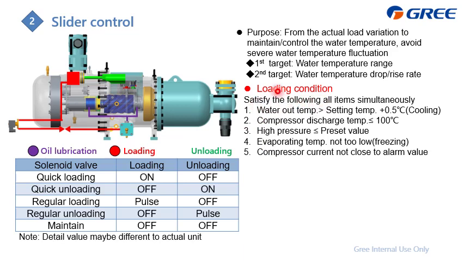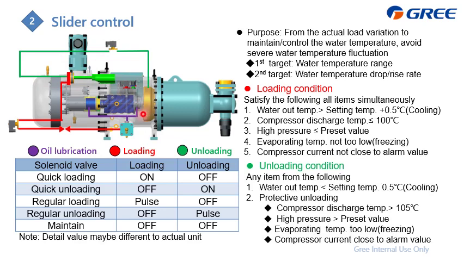And when the system requires unloading, we also need to conduct this oil out. So we conduct another solenoid valve to conduct this oil back to here, and then back to the oil tank, which makes this slider go back.